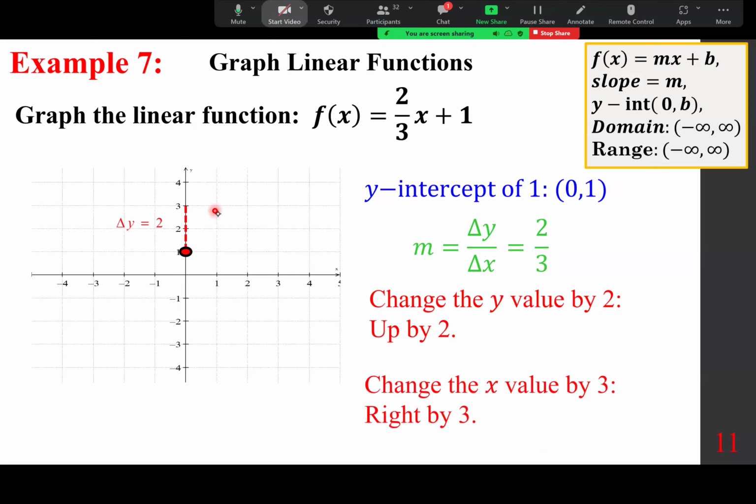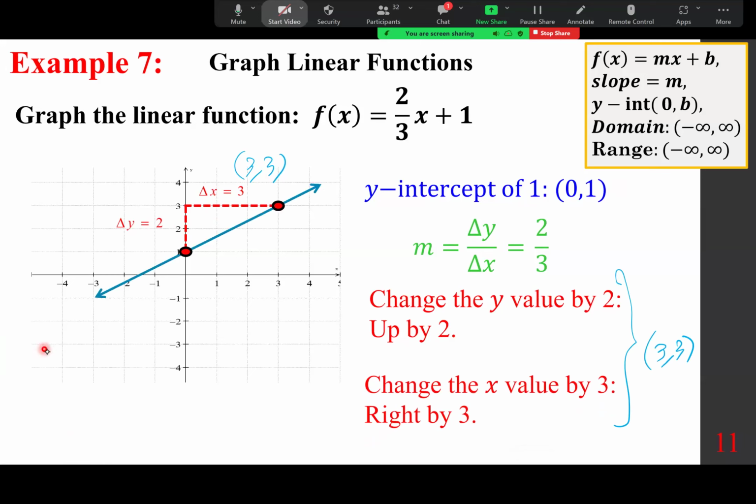Change x value by 3, right by 3, which gives rise to the pair 3, 3, and put them together.